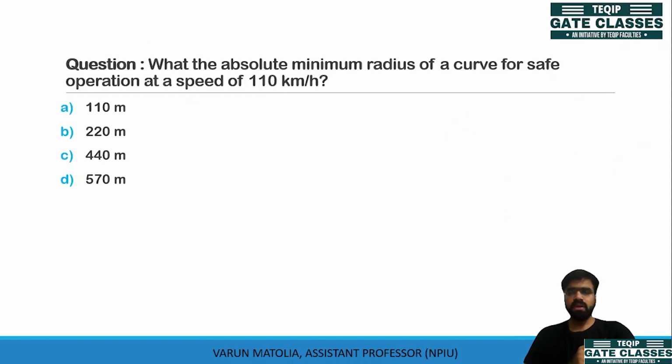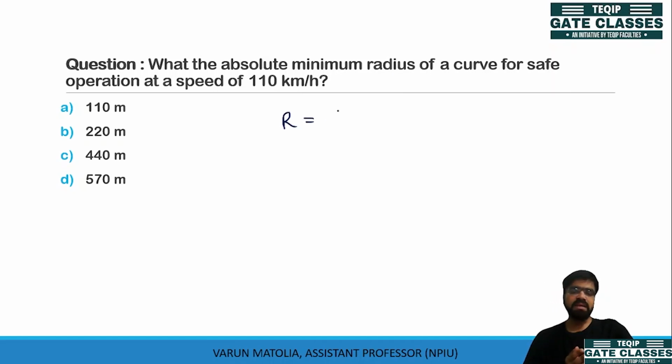Okay, let us discuss the next question, the absolute minimum radius. The question which we discussed previously, the same question with fewer values. Here, the value of super elevation or lateral frictional coefficient is not provided. So you have to assume the values of E and F, and then you can calculate the value of the absolute minimum radius, that is the ruling radius.